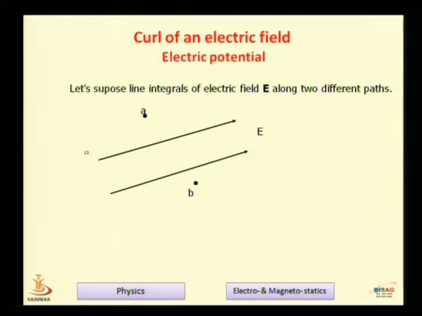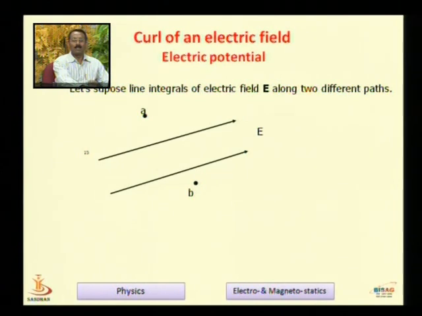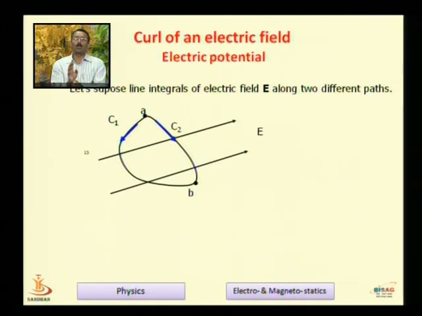We are considering 2 points A and B, and we want to go from A to B. There are many paths via which you can go A to B. So here we are considering two paths. One can go A to B via path C1, and one can also choose another path, say C2.